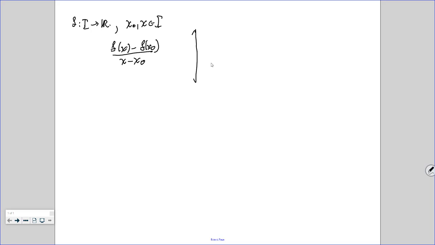To see that this quotient is a slope, suppose we have some function f(x), and this is x, this is x0, f(x0), then f(x) minus f(x0) is this part, and this is x minus x0.